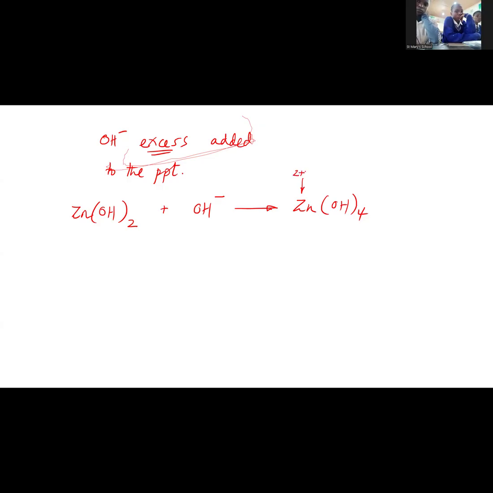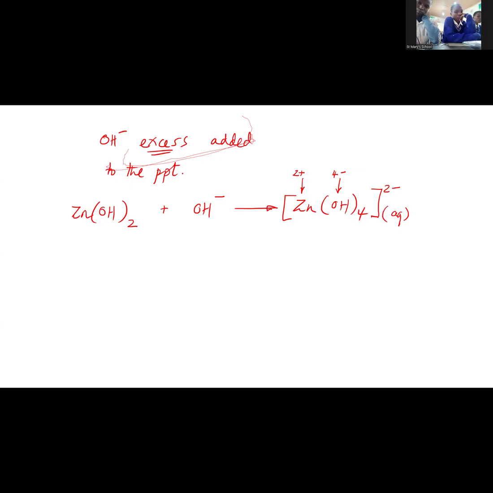So this was 2 plus, okay? And there are 4 of these which are 1 minus each, so it's 4 minus. So the whole thing goes in square brackets. And then my total charge will be 2 minus. And now because it is charged, it will redissolve.